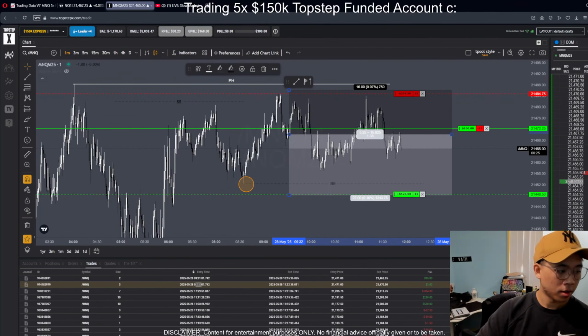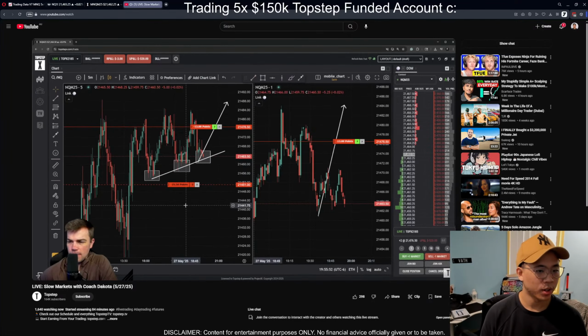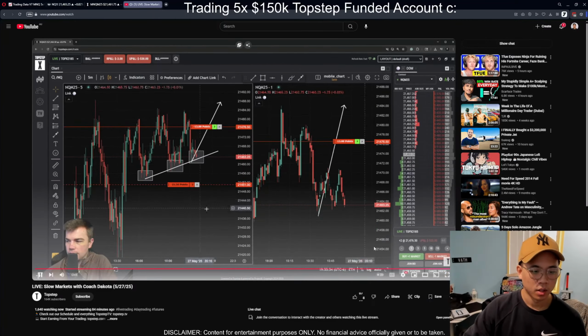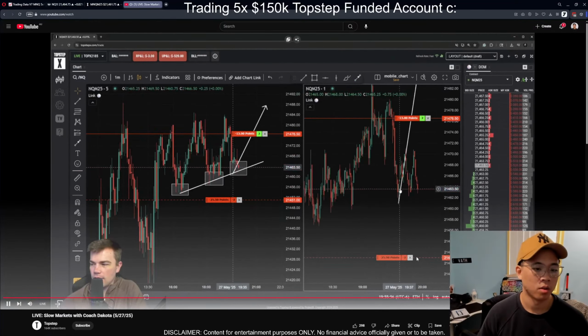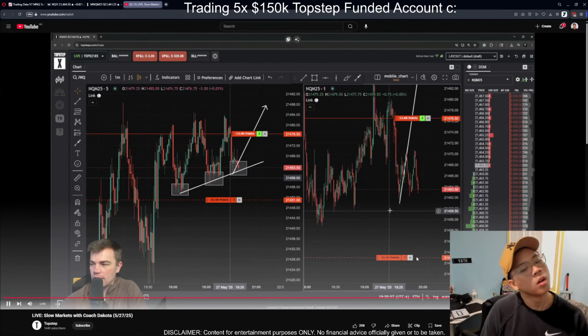Because if this doesn't hold, I think we could just... I don't know. He's got a point. No, I'm not even thinking this might not even hold now. Do we just flush? Do we flush through this?